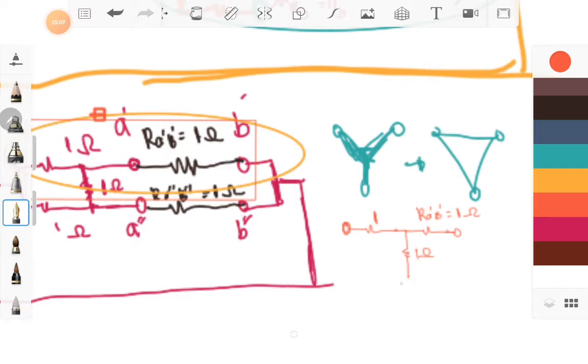Okay? So, i-isolate natin siya. This will be your terminal 1, terminal 2, and terminal 3.